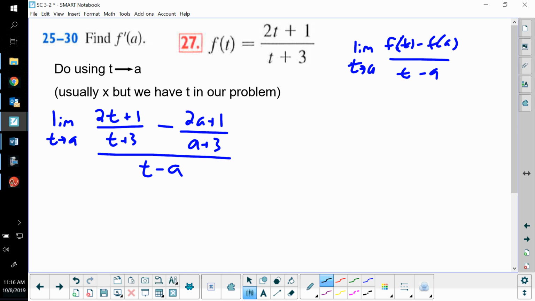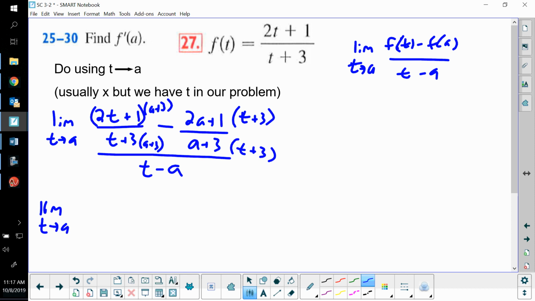So that's our initial setup. Once we get that set up, we need to think from last unit: if we have a limit where there's fractions being subtracted, we know our technique is to get common denominators. So this one is going to have to get multiplied top and bottom by a plus 3, and this one top and bottom by t plus 3. So this will become limit as t approaches a. So we're going to FOIL out the top.